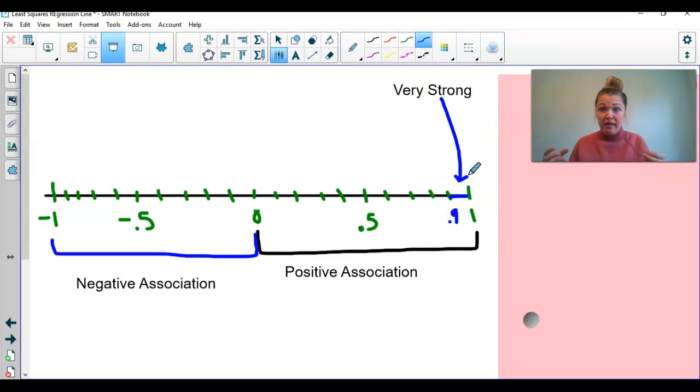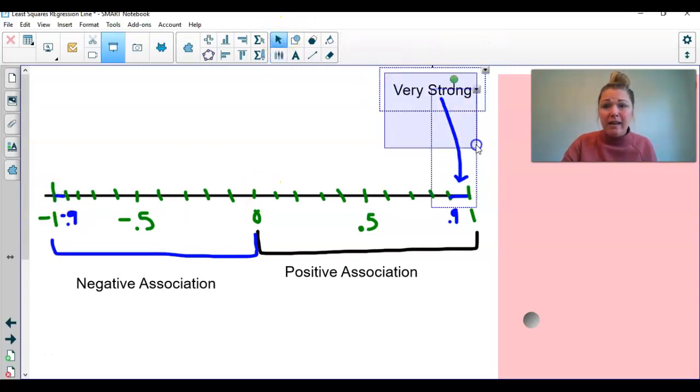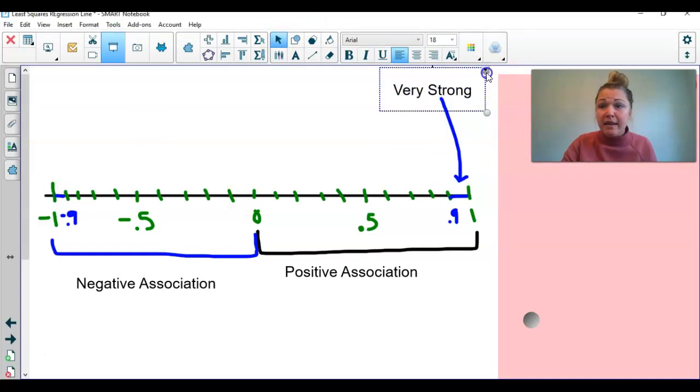If I go to my calculator and I calculate a correlation of R equals anywhere from 0.9 to 1, I'm saying that I have a very strong relationship. That would be the same for negative 0.9 to negative 1. This region right here, anywhere there, I'm also going to say is very strong.